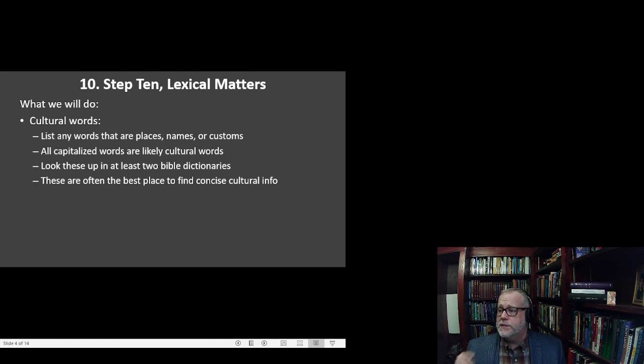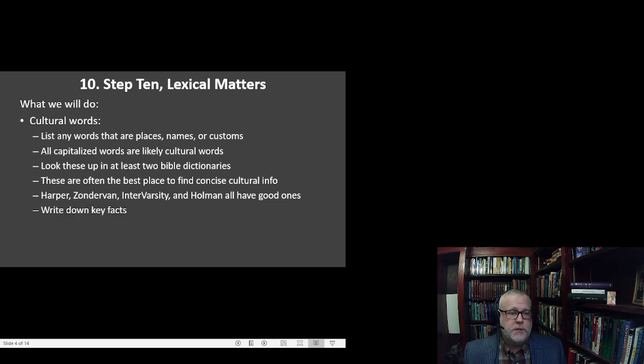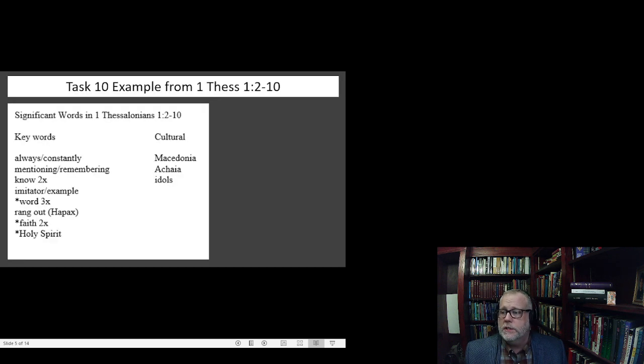These are often the best places to find concise cultural information. Harper, Zondervan, InterVarsity, and Holman all have good ones. There's others that are good as well. Those are the 4 on my shelf. Write down key facts that you found in one of the Bible dictionaries.